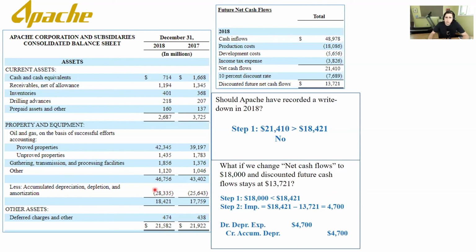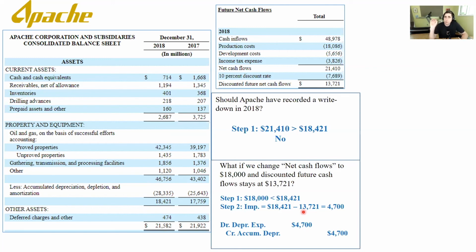That would make the accumulated depreciation balance more negative, and it would reduce the net book value down to 13,721. That's the effect of this journal entry. The effect on the income statement would be $4.7 billion more depreciation expense. And so that's how you apply the two-step PP&E impairment test.